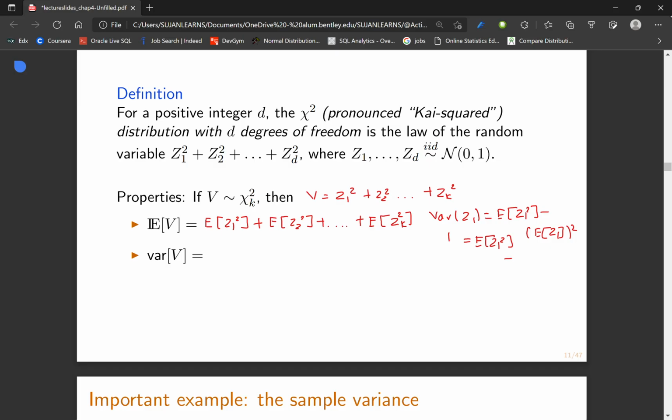Therefore, expectation of Z1 square equals 1. Now we can replace expectation of Z1 square by 1, 1, 1, up to k terms. Therefore, the expectation of V is k.